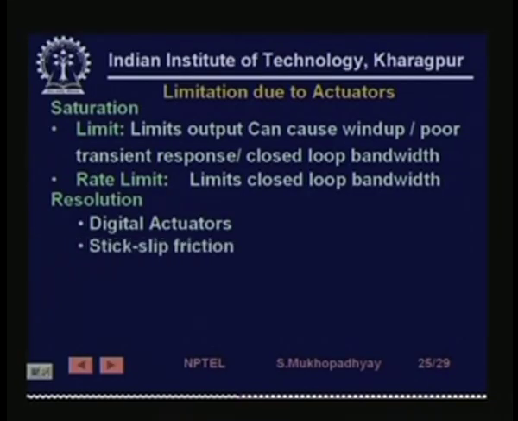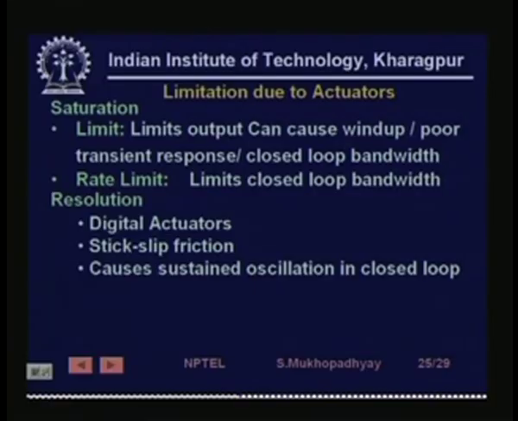Similarly, sometimes resolution, some actuators cannot make small movements because of stick slip motion. If they move, they will move and then they will get stuck. So, if you have such stick slip motions, then because of resolution the actuator keeps oscillating. It will move there, that is actually too much correction, it will come back again, it will move there.